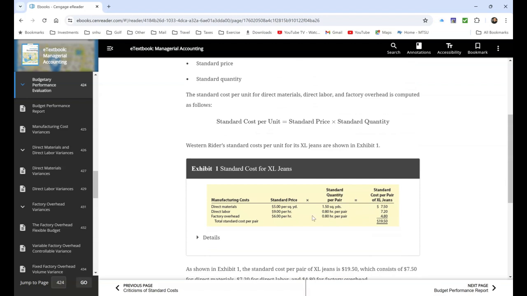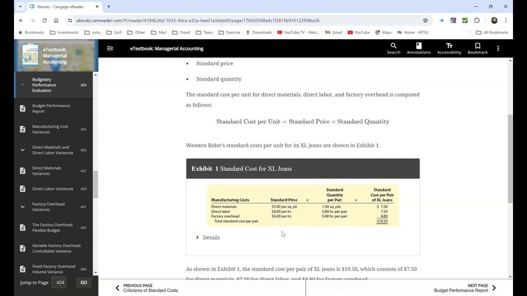So here you have, again, standard price is $5 per square yard. You expect to use 1.5 square yards, and that's $7.50. You have $9 per hour. You expect to use 80% of an hour, so that's 7.2.